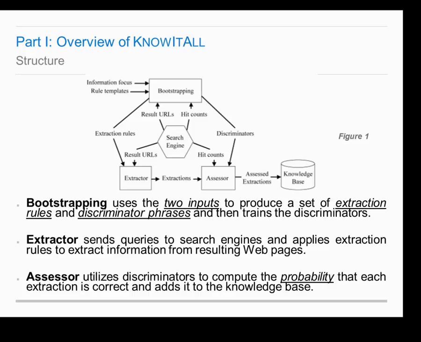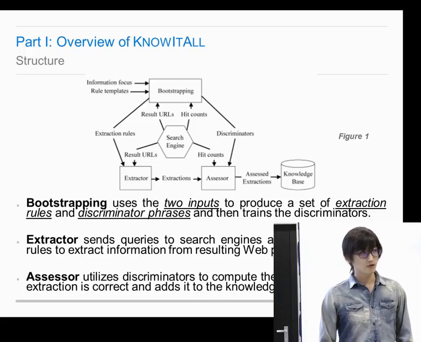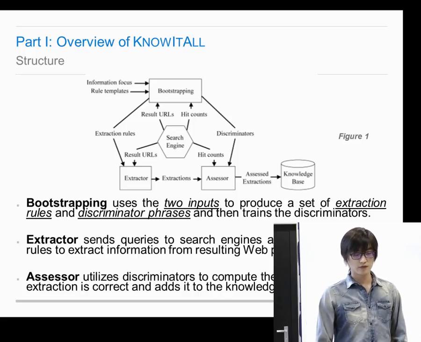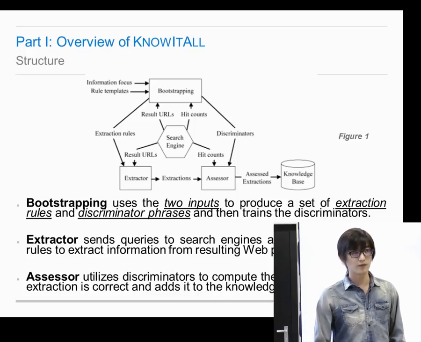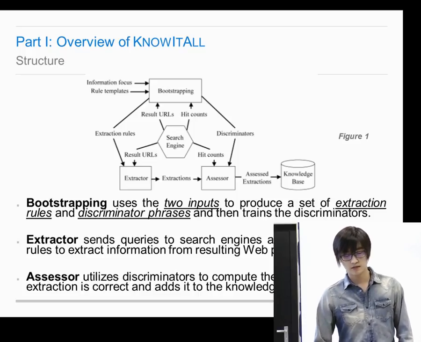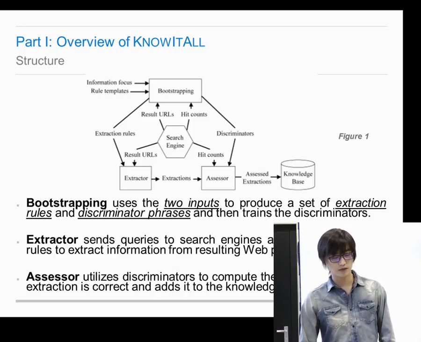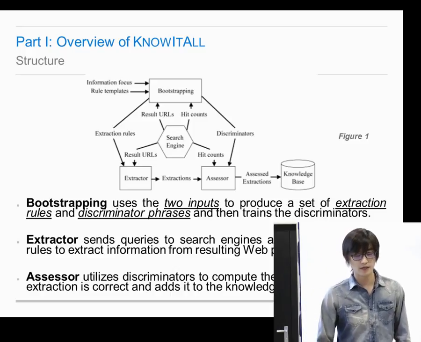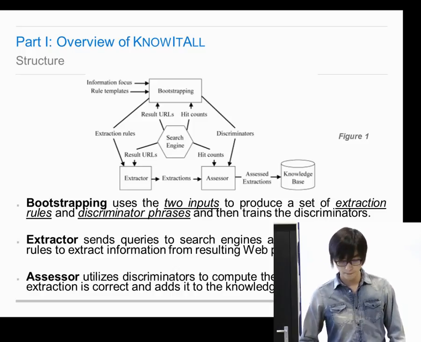They look a little like extraction rules; I will explain them a little bit later. The extractor will use the extraction rules to extract the facts we are interested in, and the assessor will apply a probability to each extraction produced by the extractor and store it in our knowledge base.